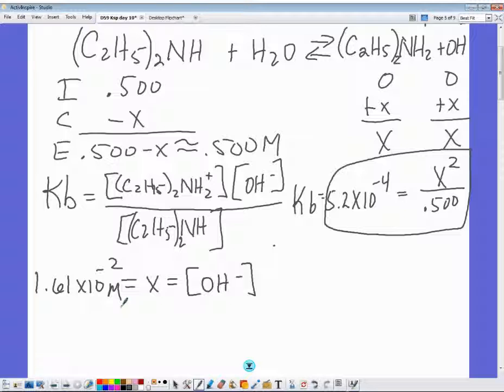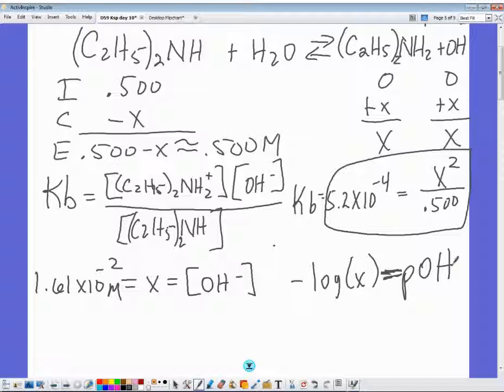How do I get the pH? Okay, what do I do first? All right, since I have the OH, if I take the minus log of x here, that's not going to give me pH, is it? That's going to give me pOH.